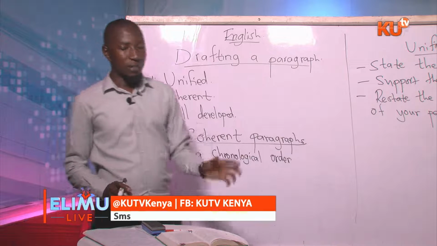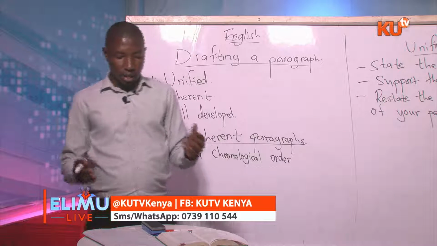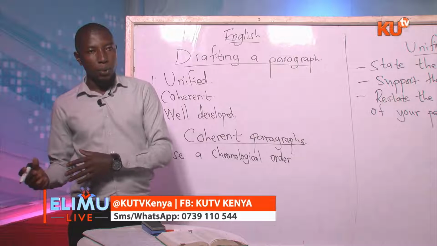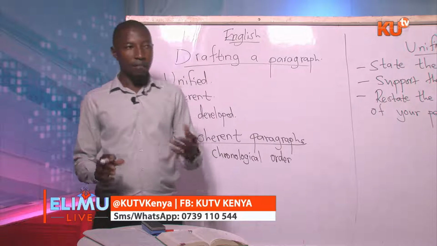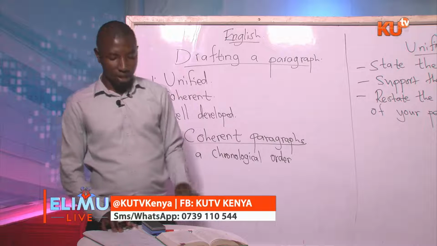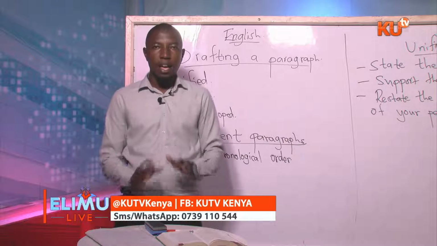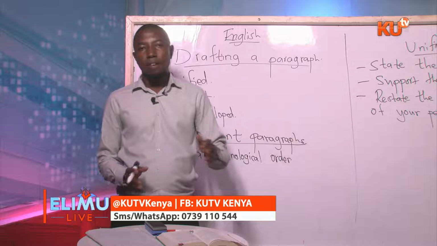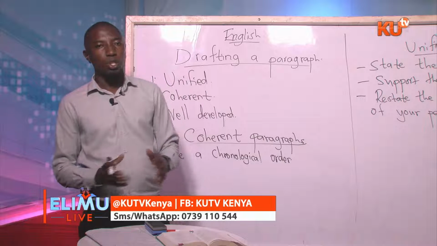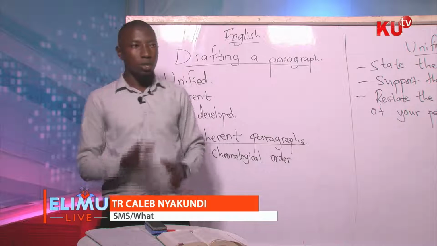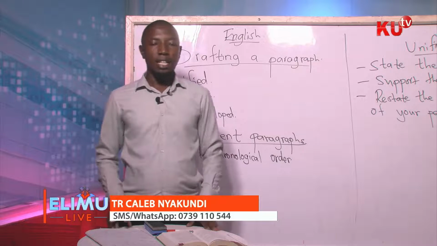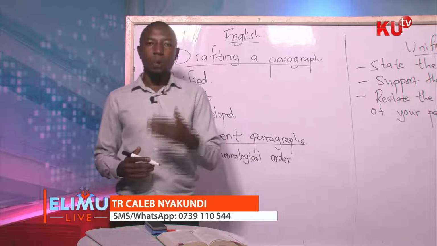That is chronological order. It brings coherence because I started by telling you that coherence is how ideas progress from sentence to sentence. And I've given you an example. The two ridges lay side by side. About ridges, then Kameno, Makuyu.